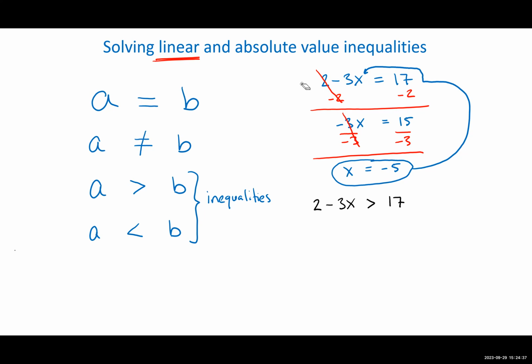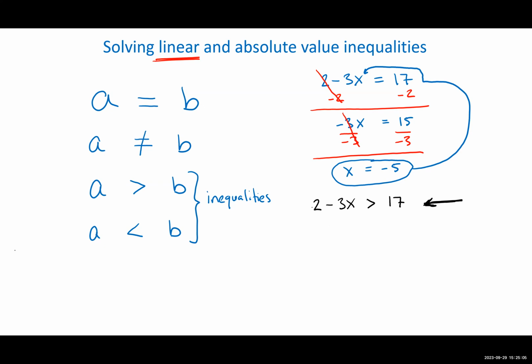Now down here, what this is saying is that x can be any number such that if you replace this letter x with a number and get anything on the left larger than 17, then x is a solution.